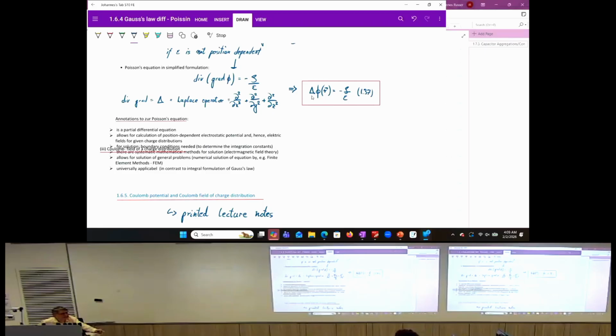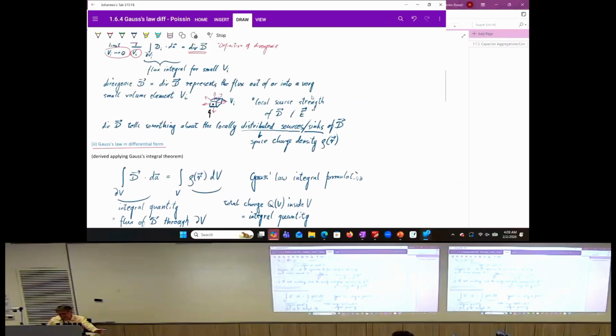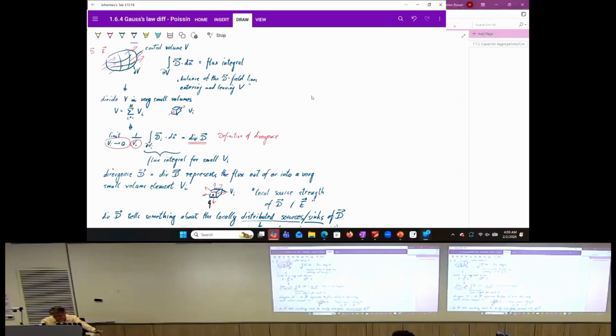And then from this integral formulation, we were looking at what happens if you go to ever smaller volumes, and how the divergence is defined. We said we can split up our volume in small volume segments, make the volumes ever smaller, and divide that whole flux integral equation through this infinitesimal small volume element, which gives us a divergence.